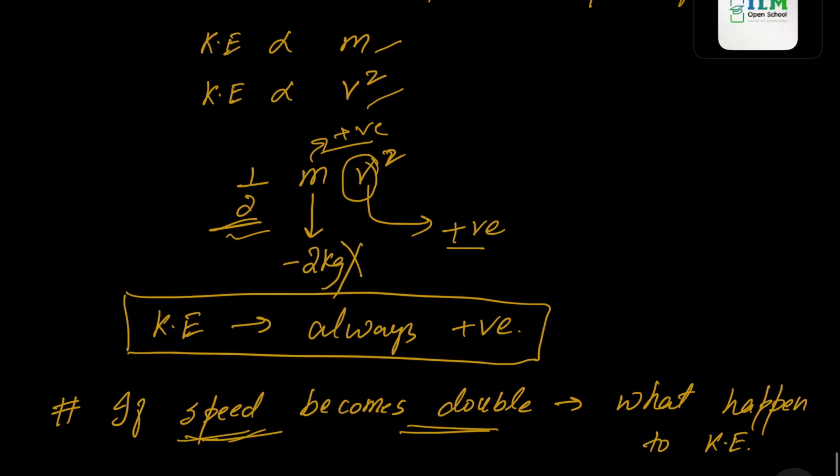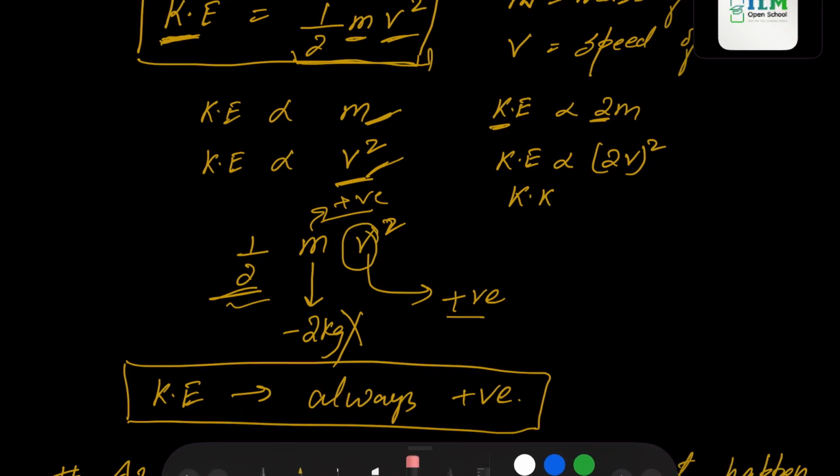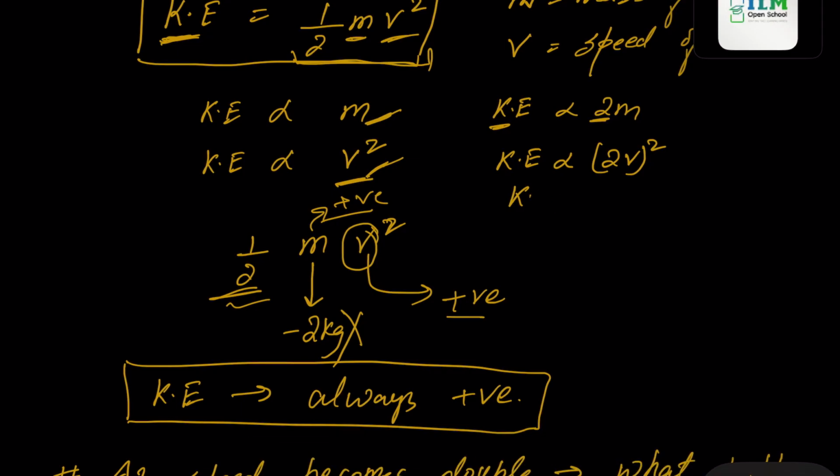Now you can also see from here that kinetic energy is directly proportional to mass and proportional to v square. If I double mass, it is 2m, so it directly doubles. If I double velocity, kinetic energy is proportional to 2v square, so we can write 2 into 2, 4v square.